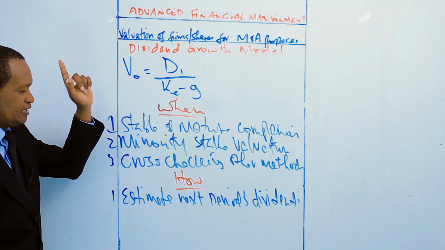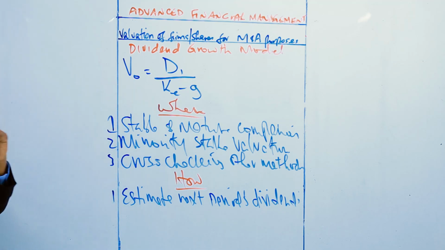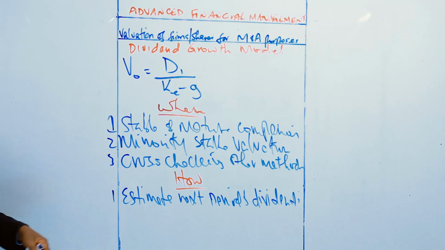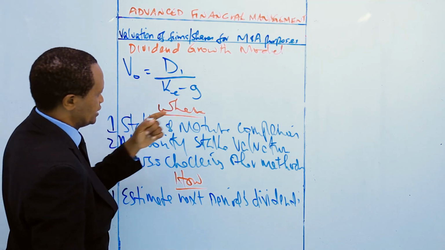This means determining the expected dividend payment for the next period, and that might involve looking at the current dividend and applying the expected growth rate.